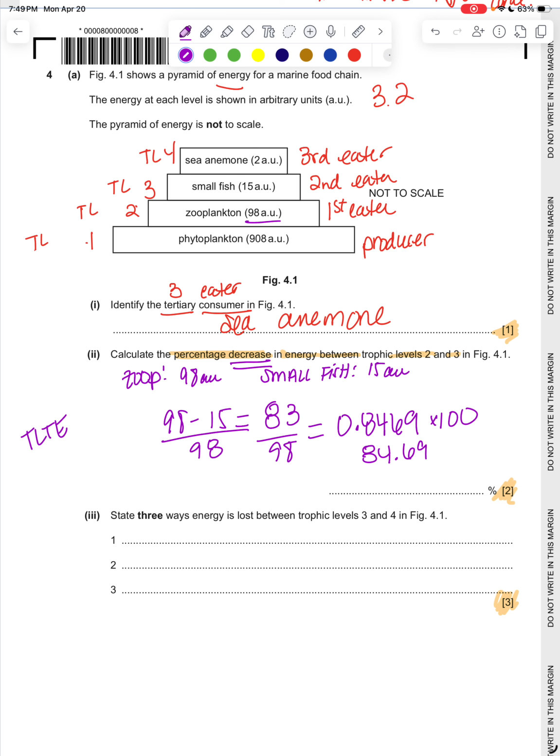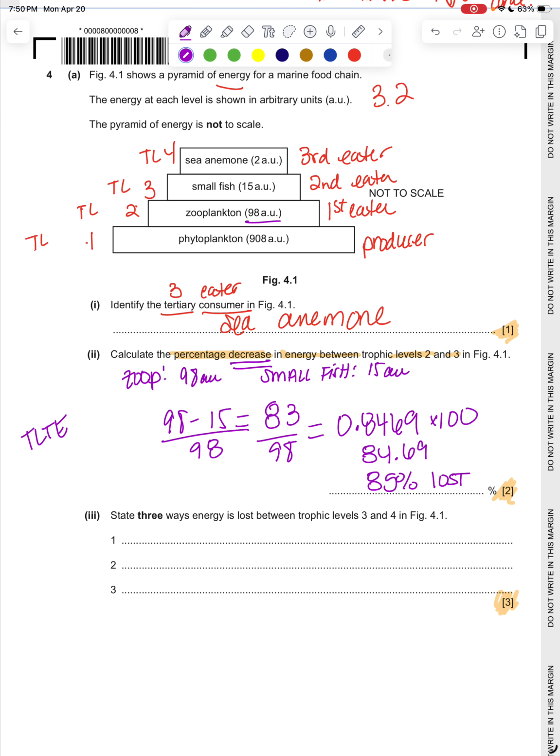It doesn't tell you what to round it to, but if you look at your other values, they're all pretty much 2 significant figures. Like 98 is 2 significant figures, 15, 83, all those are 2 sig figs. So I'm going to round this to 85% lost. If you're thinking, do you have to say lost?